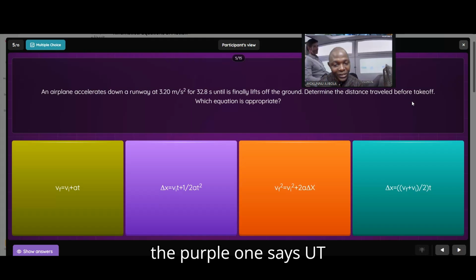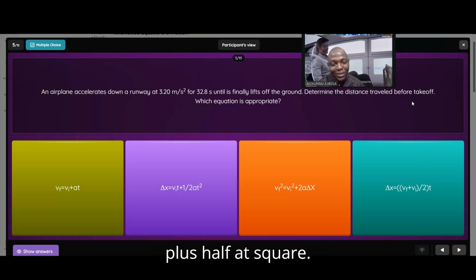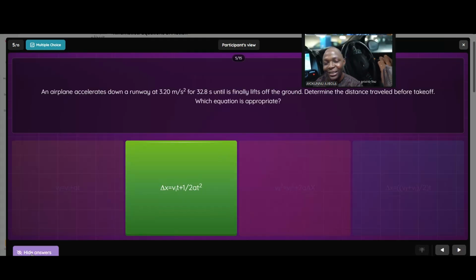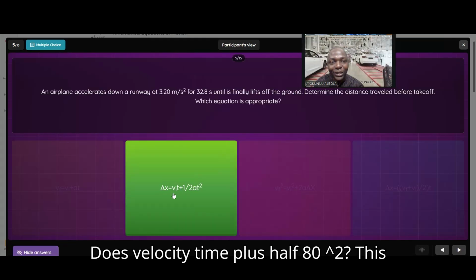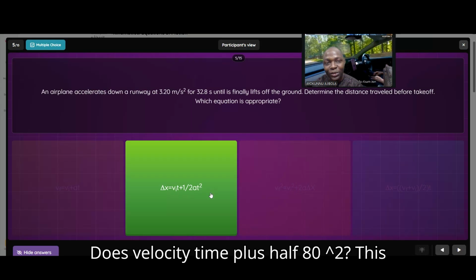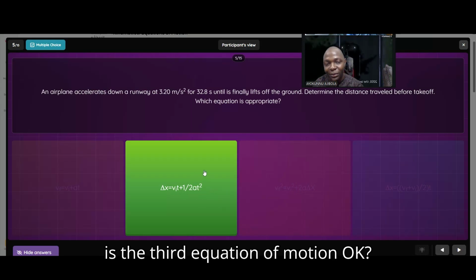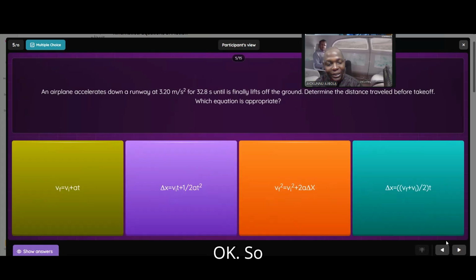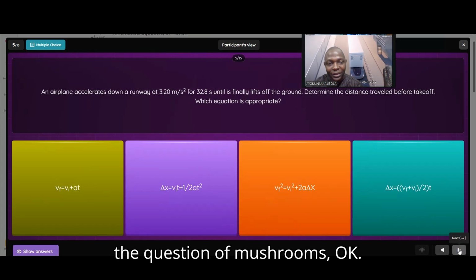But the purple one says ut plus half at squared. That's velocity times time plus half at squared. This is the third equation of motion, okay?